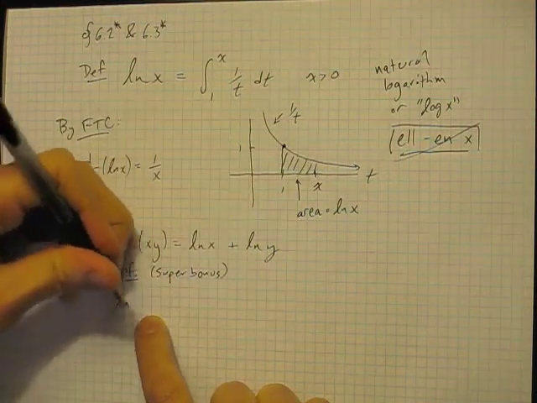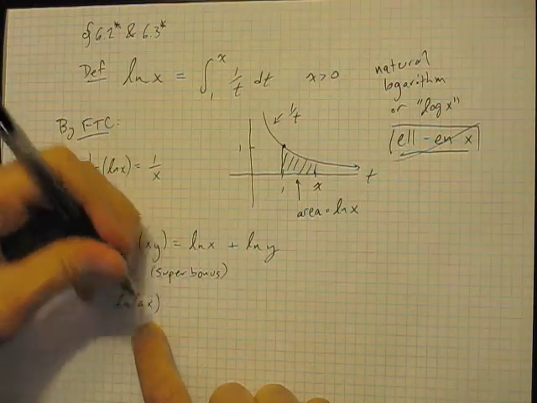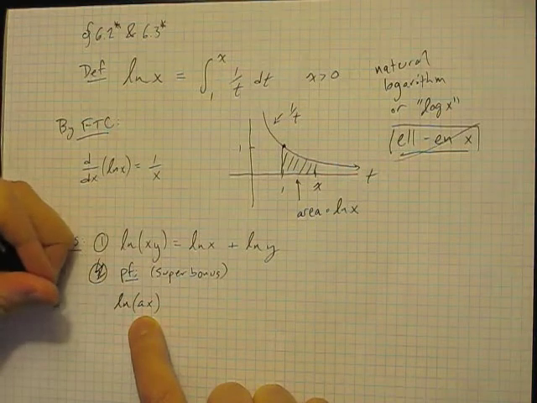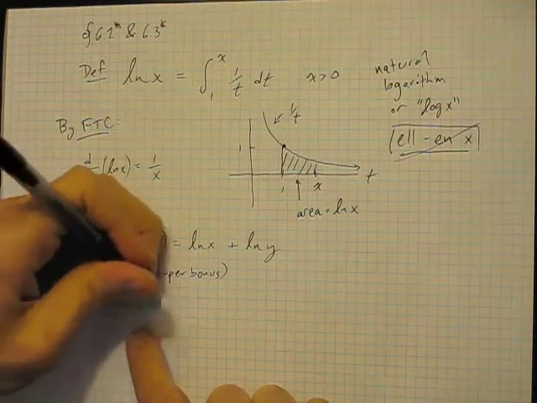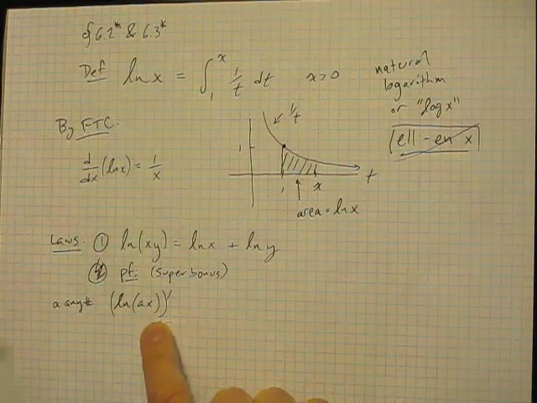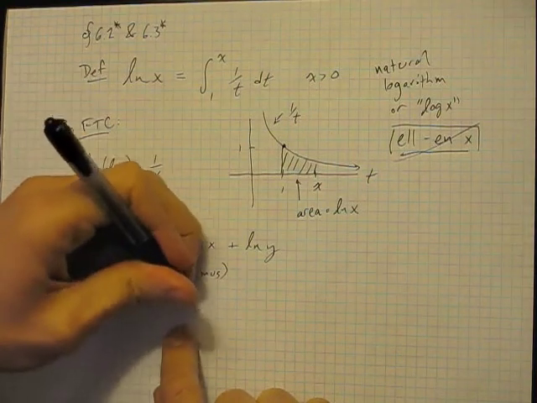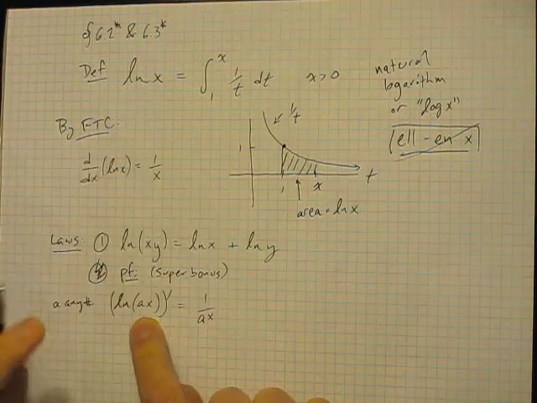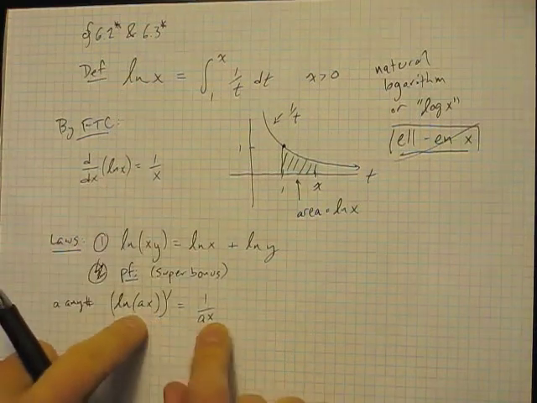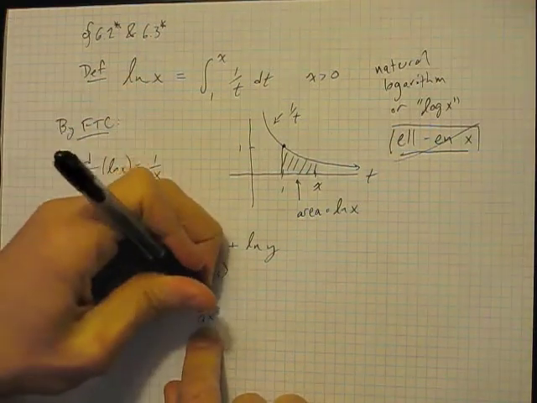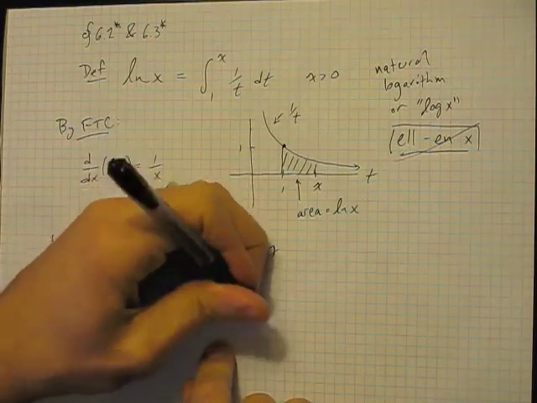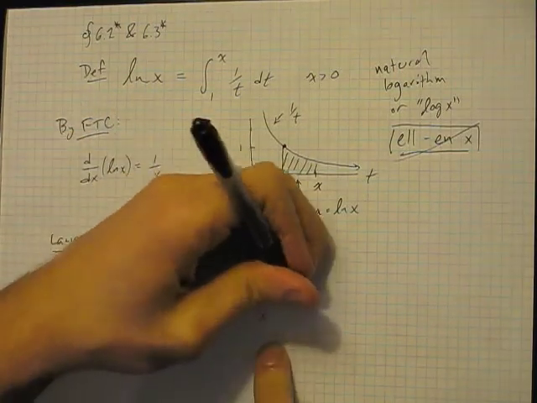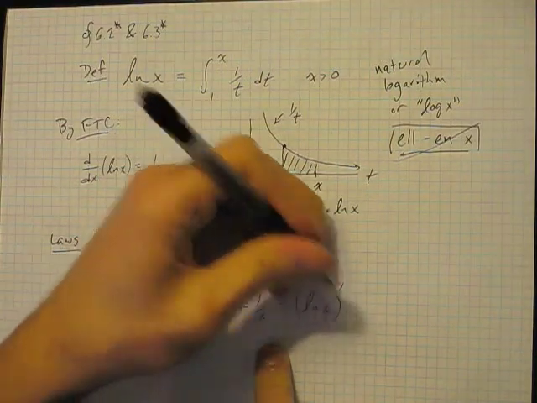If you take the log of a times x, so a is any number, and we take its derivative, well, let's use the chain rule here. What do we get? We get 1 over ax because that's what's inside of the log. We take the derivative, and then we multiply by the derivative of what was inside, so we get a, so we get 1 over x. But notice that this is also the derivative of log x.